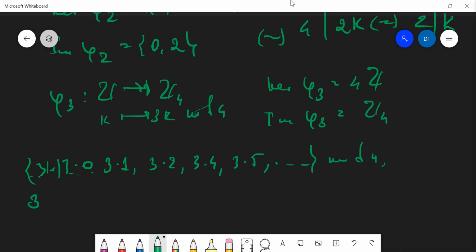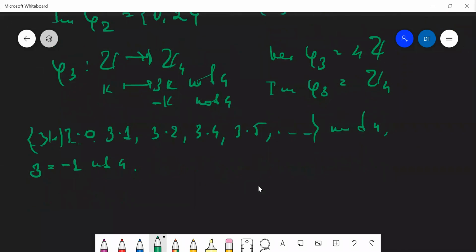But since you know that 3 is equal to -1 modular 4, you know that this rule is exactly the same as k goes to -k modular 4. So now it's more convenient to compute, because you want to compute -1 times 1, -1 times 2, -1 times 3, etc., -1 times 0, -1 times -1, and so on, and take all of them modular 4. But when you multiply by -1, it's clear that you will get all the elements.